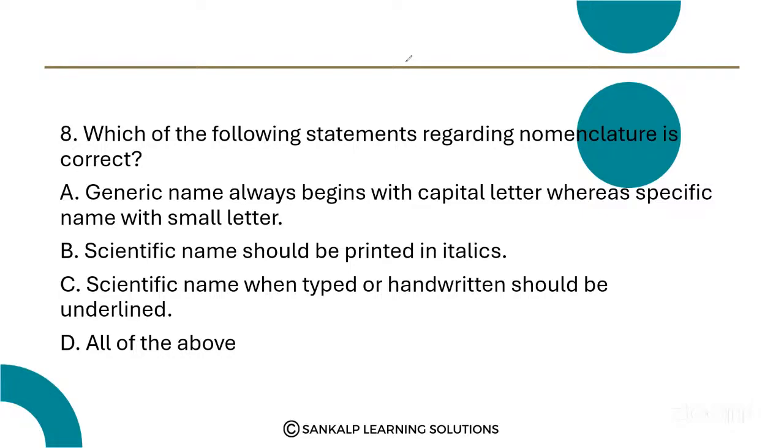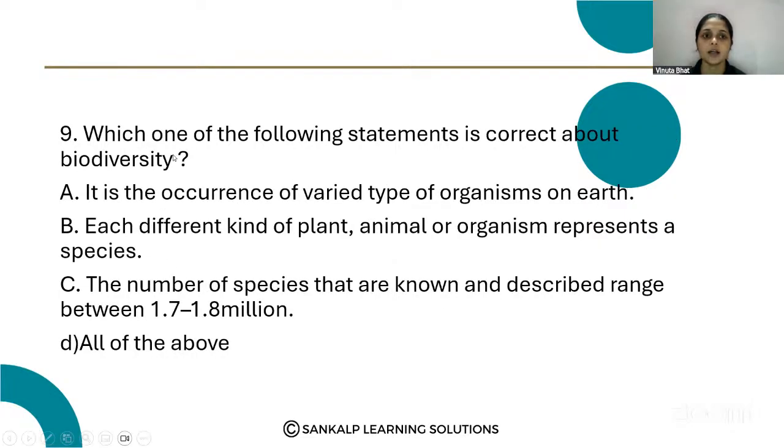Next question. Which one of the following statements is correct about biodiversity? Read the statements. It is the occurrence of varied types of organisms on earth. Each different kind of plant, animal or organism represents the species.